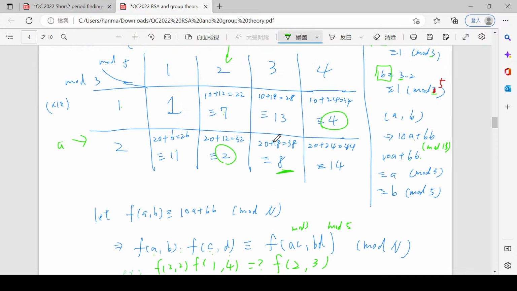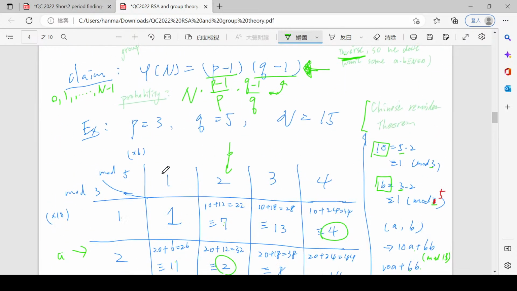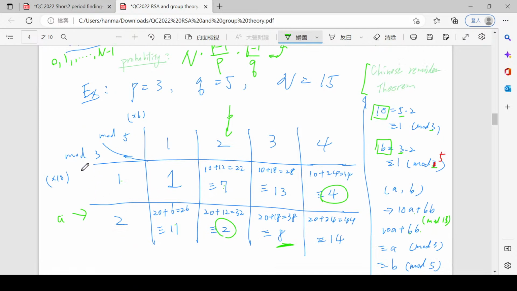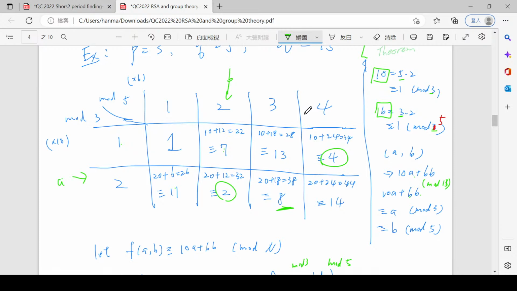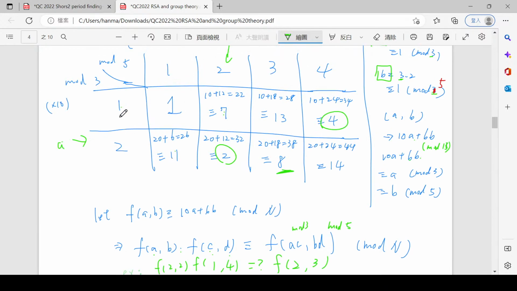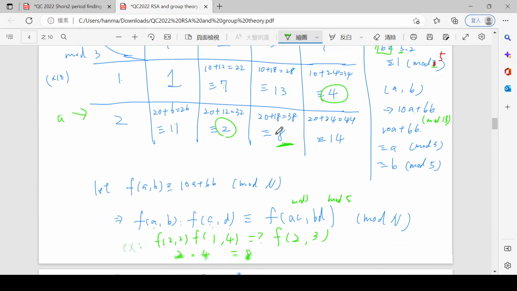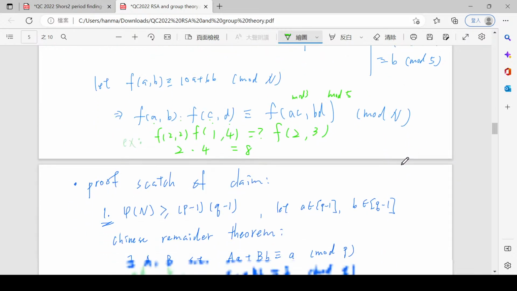So whatever slot there is, there must be something inside this group that, when you mod p, equals the coordinate a, and when you mod q, equals coordinate b, and it's coprime to pq. Every AB must have something, and we prove this by a constructive proof, just by using the Chinese remainder theorem.